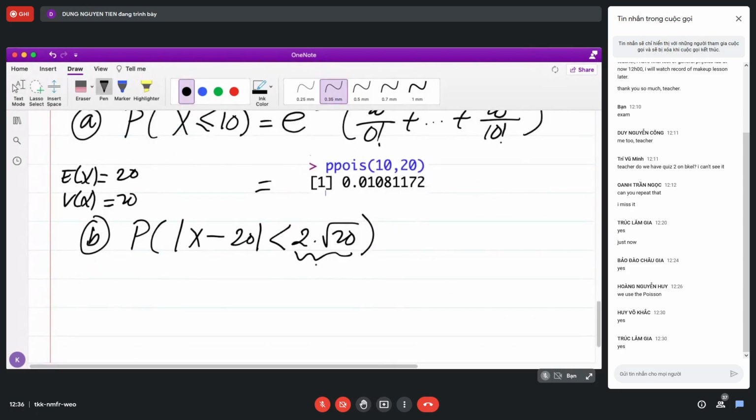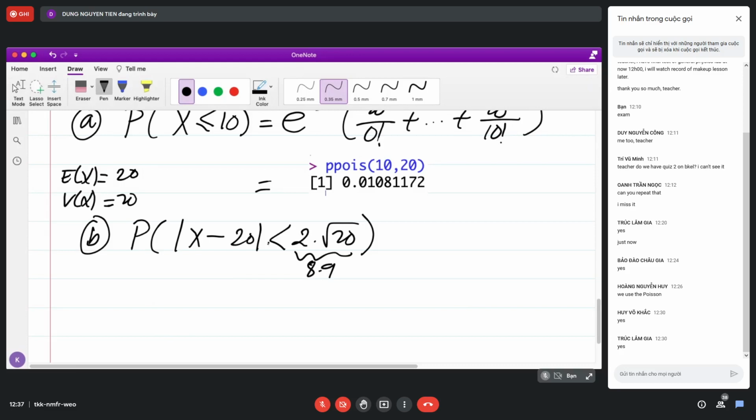And what is this value? You get 8.9 for that, I think. You get 8.9, about 8.9.